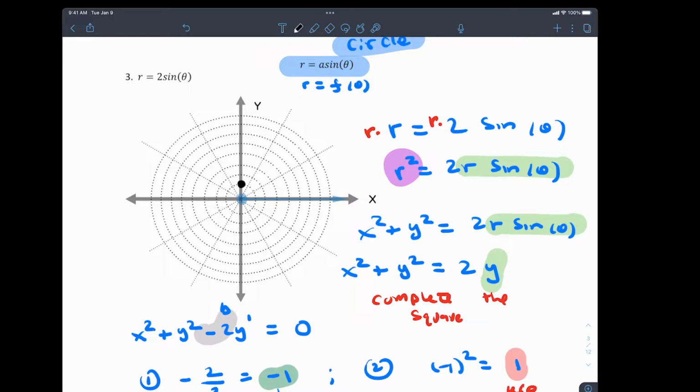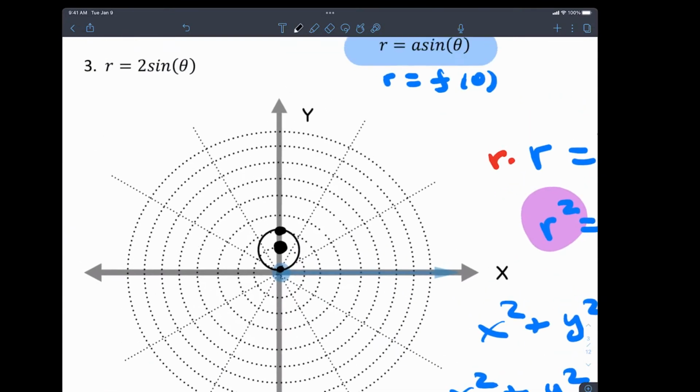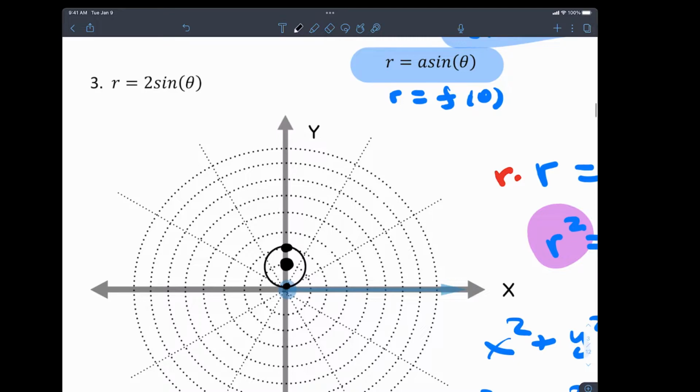There's 0, 1. Radius was 1. So what you're really looking at is a circle right there.